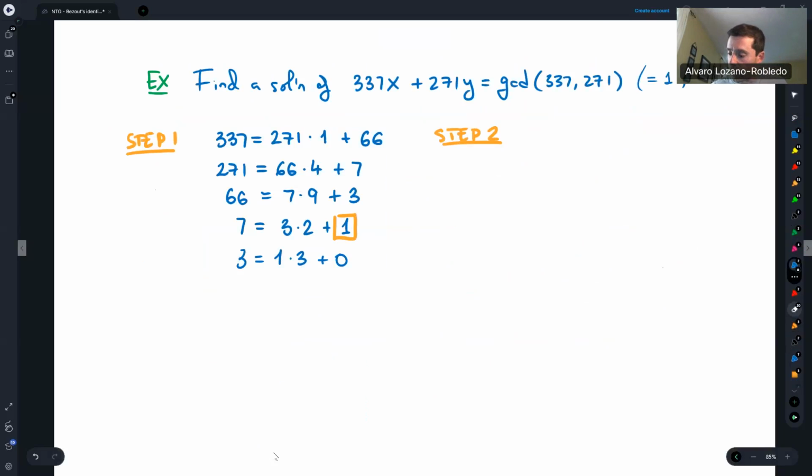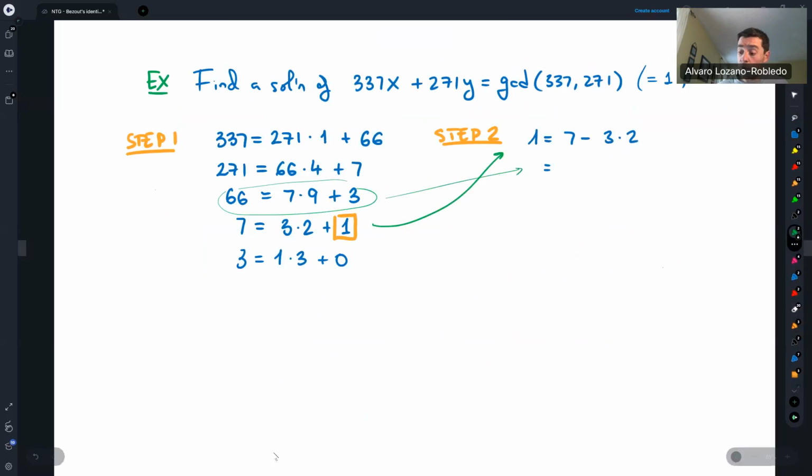So we start from this line. 1 is 7 minus 3 times 2. Now I'm going to use this equation over here. I'm going to solve for 3 and plug it in. So this is 7 minus 66 times 7 times 9 times 2. Okay.